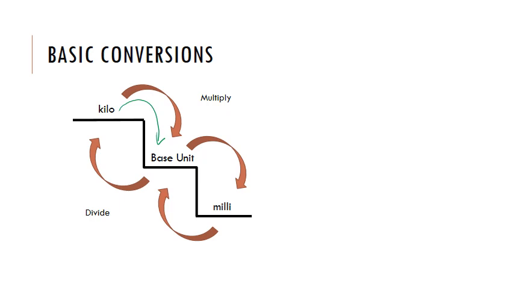And anytime we go the other direction, so we go from milli to base unit or base unit to kilo, we're going to end up dividing by our 1,000. So we multiply when we get smaller and we divide when we get bigger. We can use that as a guide.